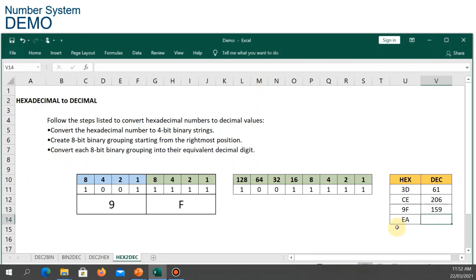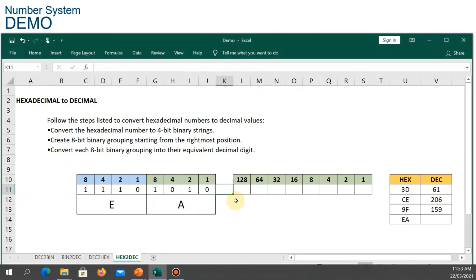Next, last one, EA. So we've got EA here. E is 14. So to get 14, 1, 1, 1. That's 14. This one is 0 here. A is 10, so that is 8 plus 2. That's 10, so therefore these are zeros.